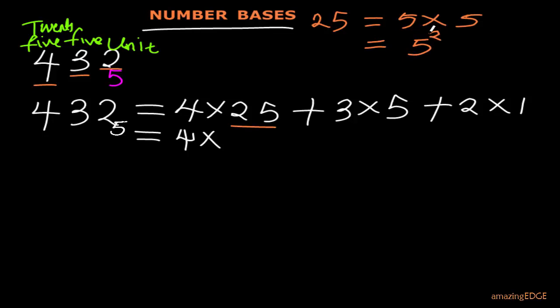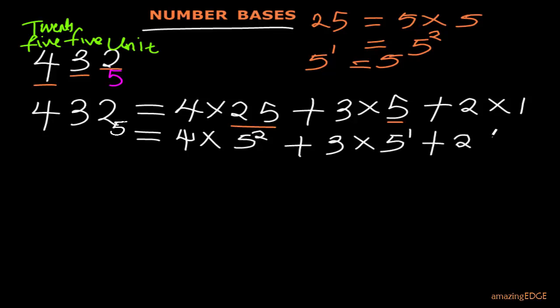So now 25 has become 5 squared. Then we have our 3 times 5. Remember that any number raised to power 1 is that number itself, so 5 raised to power 1 is the same thing as 5. We write this as 5 raised to power 1.